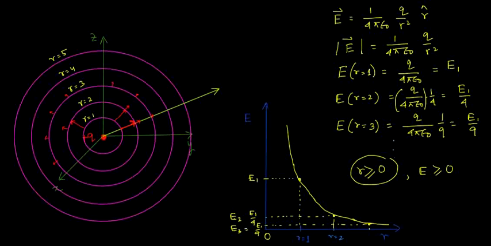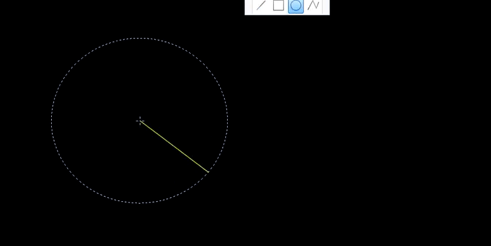But we must realize, suppose you have a sphere of radius capital R, so let's do this. If you have a sphere of radius capital R like this, and this sphere is a solid sphere.